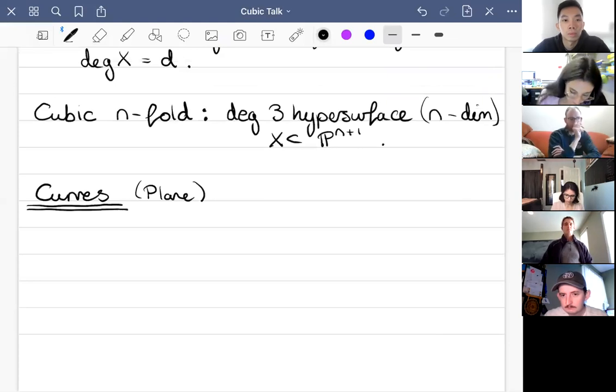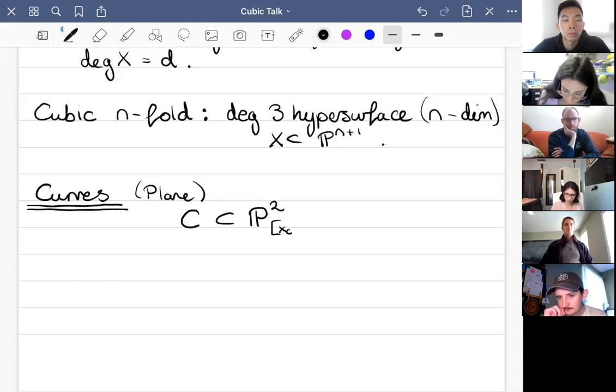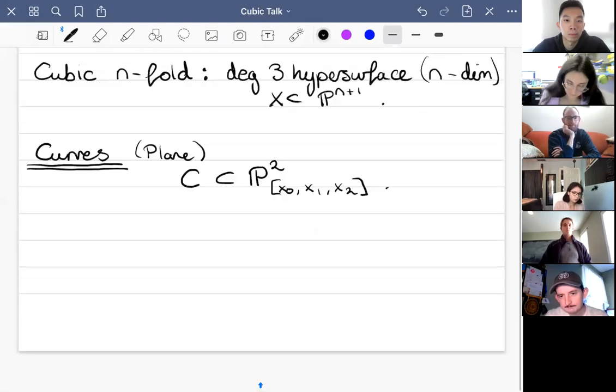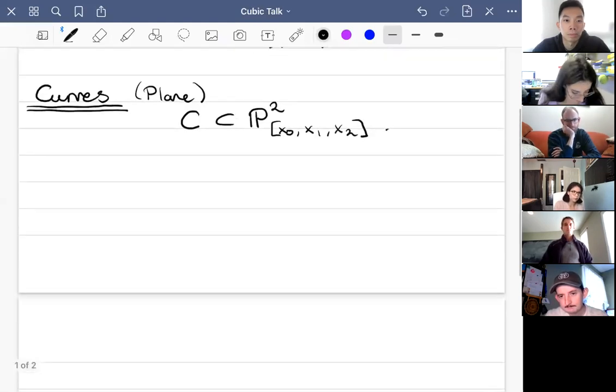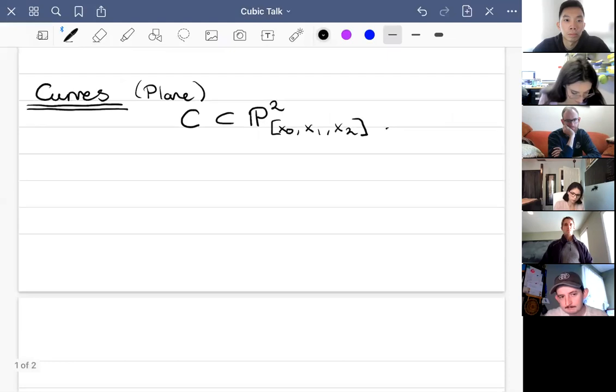So a plane curve is just a hypersurface of P2, where P2 has x0, x1, x2 coordinates. We're interested in cubics, but before we get to cubics, let's see why we don't really care about linear things and degree 2 things. Why do we start at degree 3?